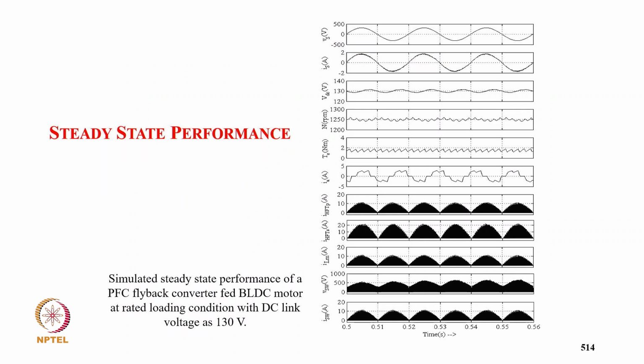And these are the simulated performance of supply voltage and supply current, which is in phase with supply voltage and almost sinusoidal, DC link voltage, then speed, torque, and winding current, then typically primary and secondary current, DC inductor current, magnetizing current, and the switch voltage and switch current.